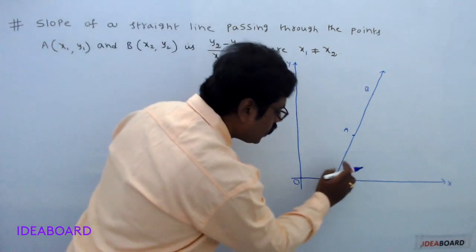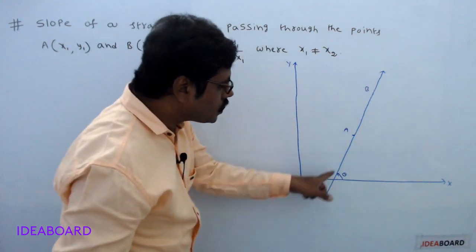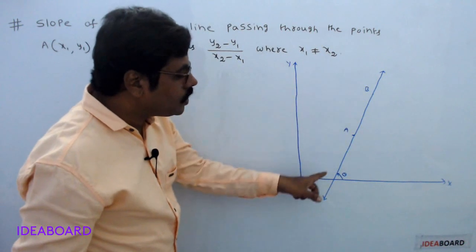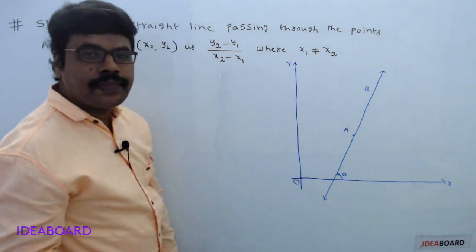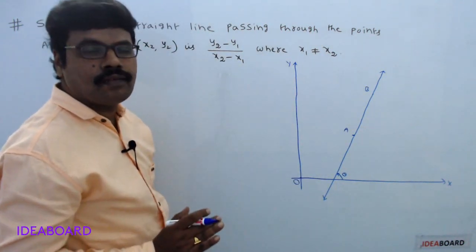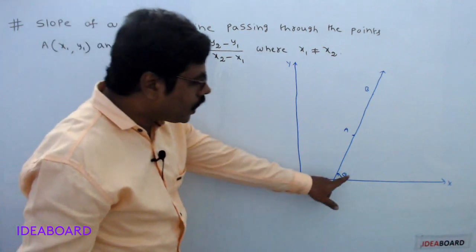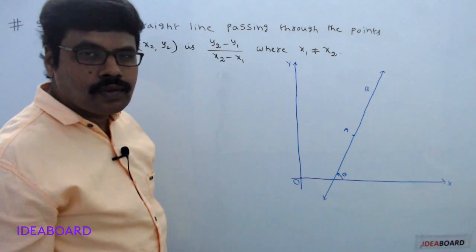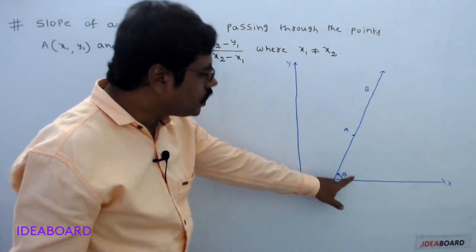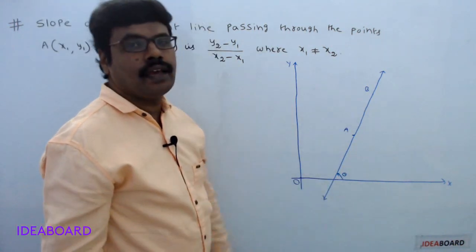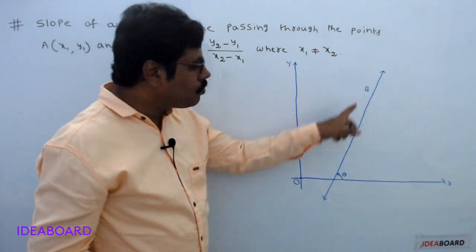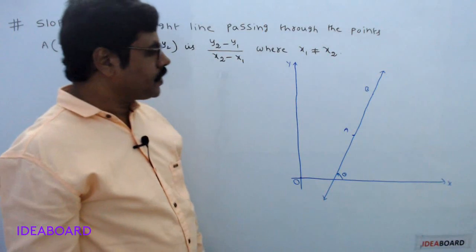Then this theta is called the inclination of the line AB. If theta is the inclination of a line, then tan theta is called the slope of the line. So here theta is the inclination of the line AB, so tan theta is nothing but the slope of the line AB.